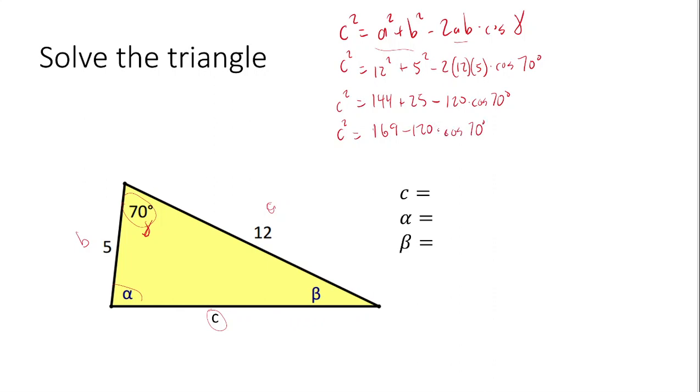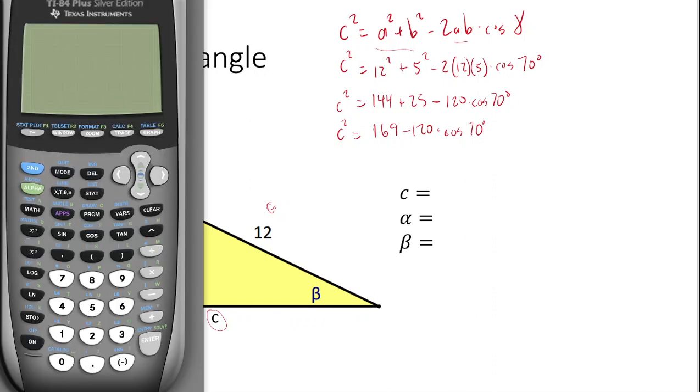Now at this point we could factor something out, but why bother? We can just plug this into a calculator, and we're going to have to take the square root at the end of this. Turn on the calculator, there you go. So 169 minus 120 times the cosine of 70 degrees.